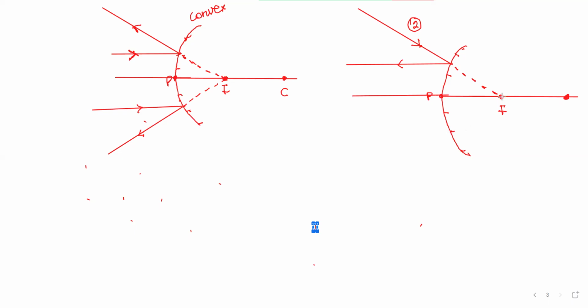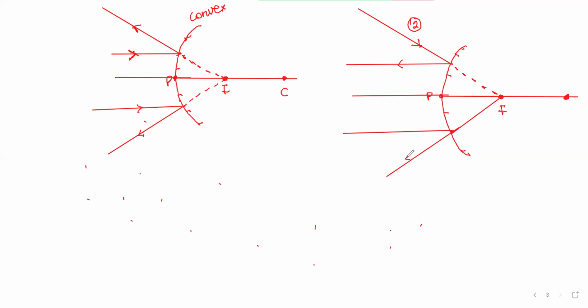So another ray which appears to be passing through this, and after reflection, the reflected ray must come in that parallel manner to the principal axis.